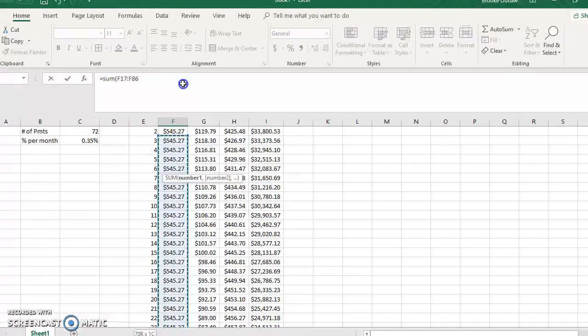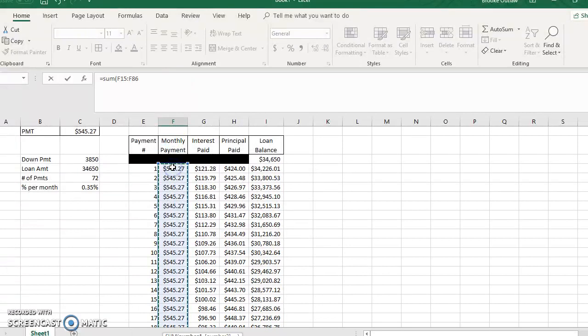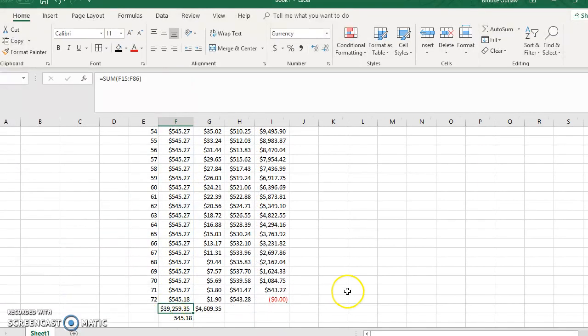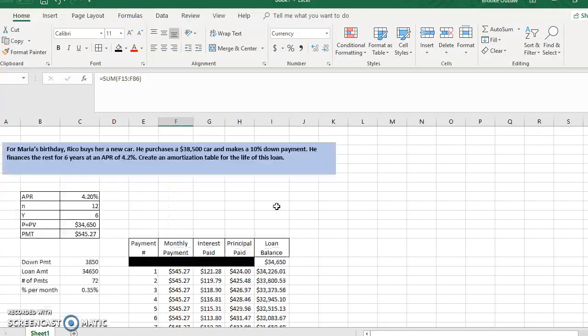If he's making 72 payments at this monthly payment, he's going to pay a total of $39,259.35. If you subtract these two, you should get the interest. This is just another way you could figure out the interest that he has to pay and how much he pays in total. But remember, you can always do it here as well.